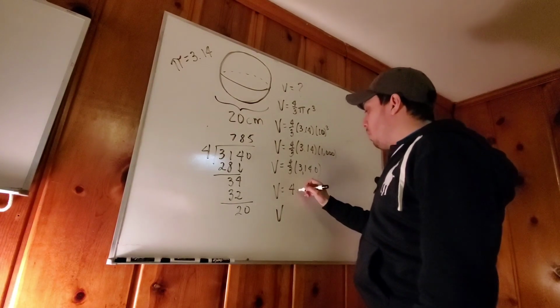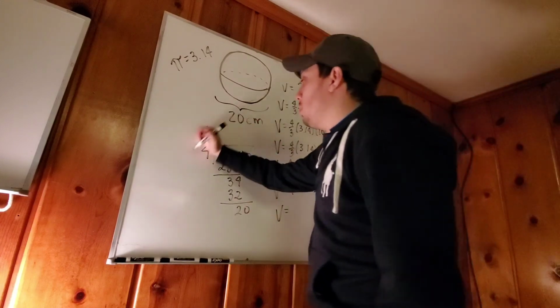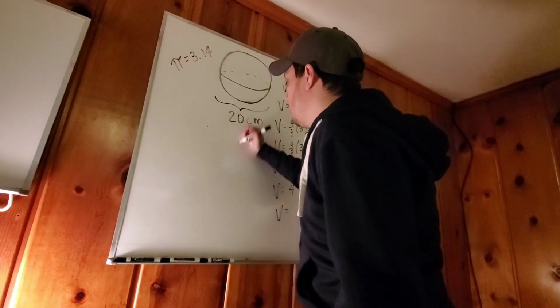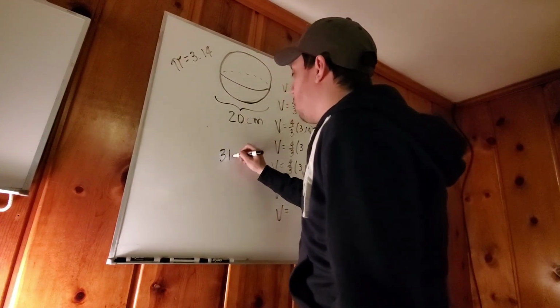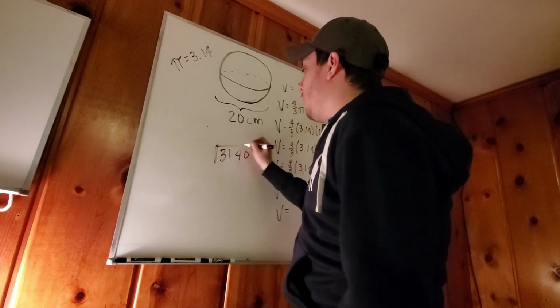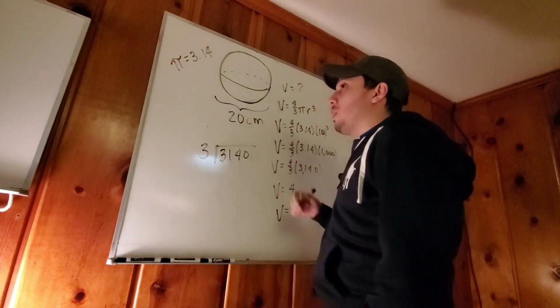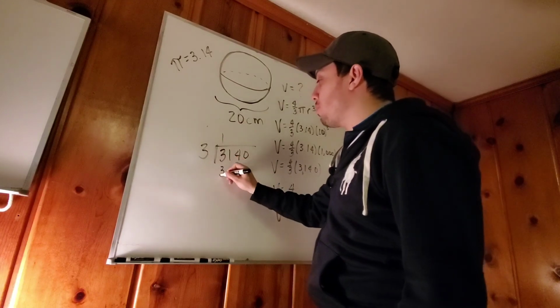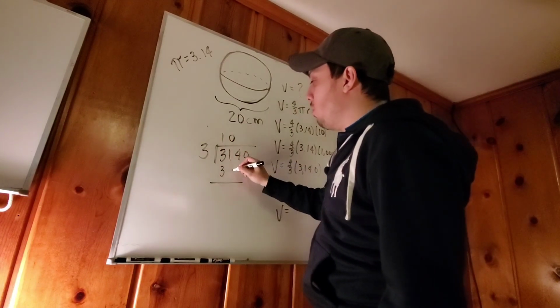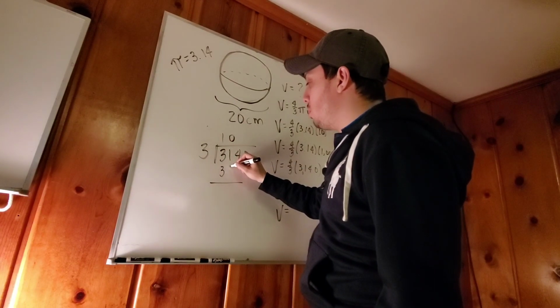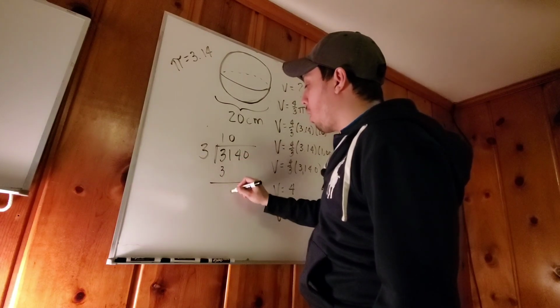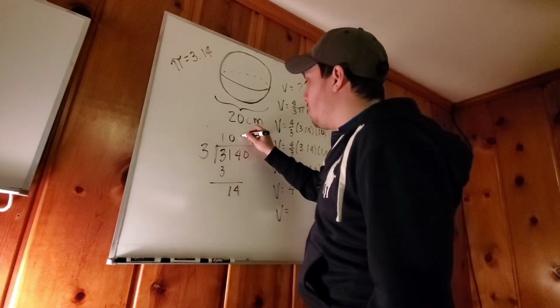Whoops, egg on my face. Okay, so we could have just left the 3,140 divided by 3, not 4, but by 3. And so it's going to be 1,0, in 14 it fits 4 times.